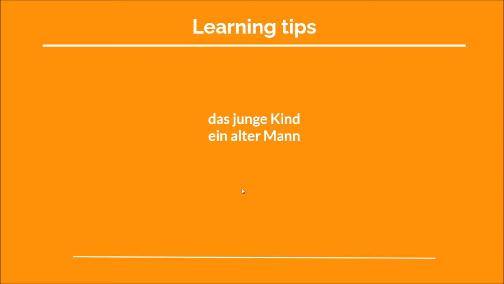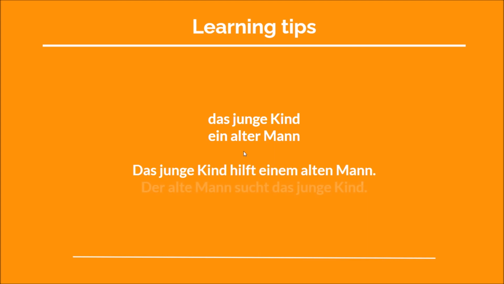And when you practice these adjectives in full sentences, it will probably be even easier. So when we have a look at this very first example, das junge Kind hilft einem alten Mann. Or this one, der alte Mann sucht das junge Kind.